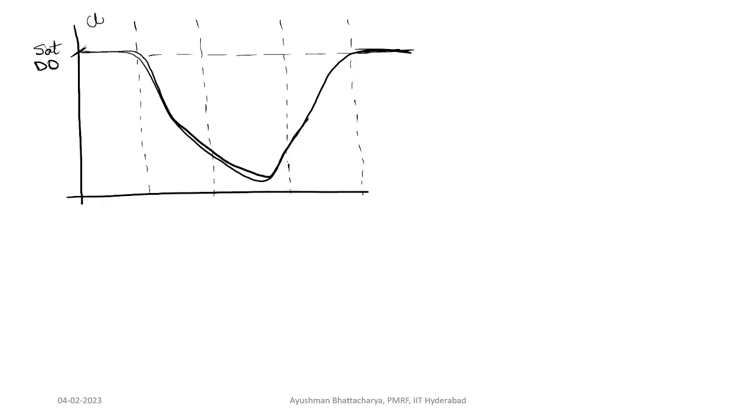Here the water is clearer. Now the sewage is added at this point. Here sewage is added, wastewater. As per the question, the wastewater is added. So the x-axis is the distance.